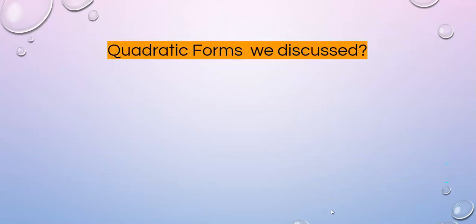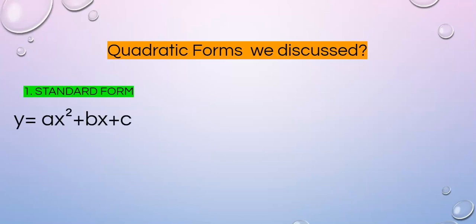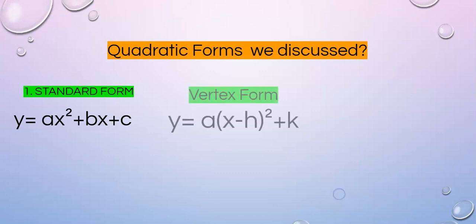So, quadratic forms that we have discussed already. We've looked at quadratic equations that are written in standard form. We know how to graph this standard form. We know how to get the vertex, the axis of symmetry, the x-intercepts, and the y-intercepts using Desmos. And then we talked about vertex form.